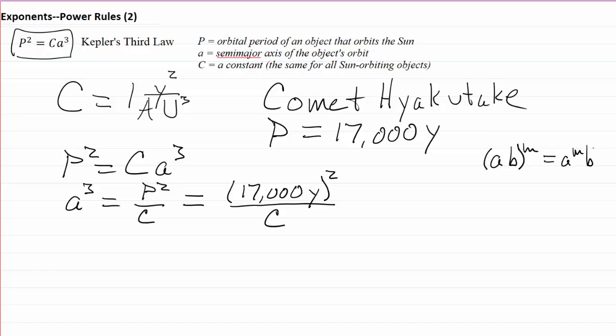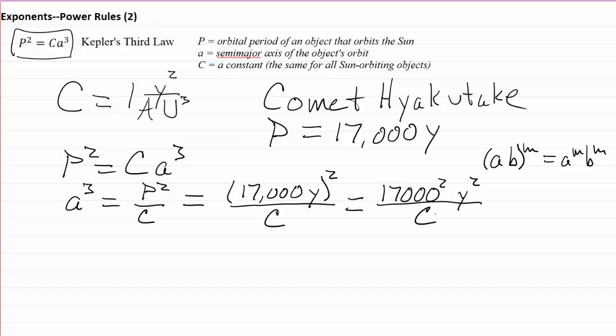So that's one of our rules for exponents. So here I'll have 17,000 squared and years squared. The years squared, I'll just write as y squared.